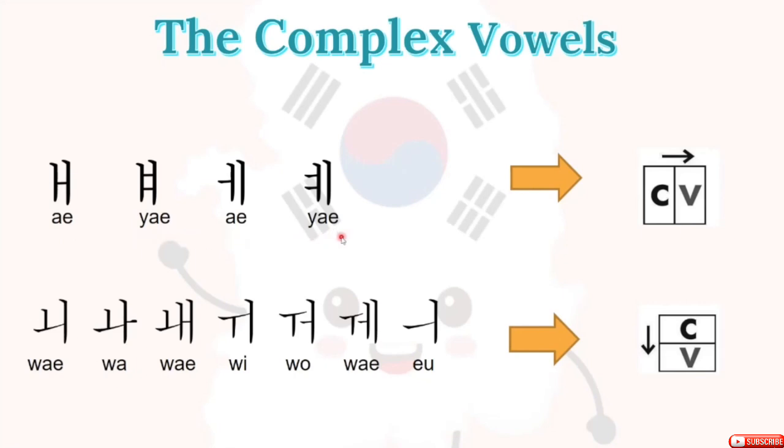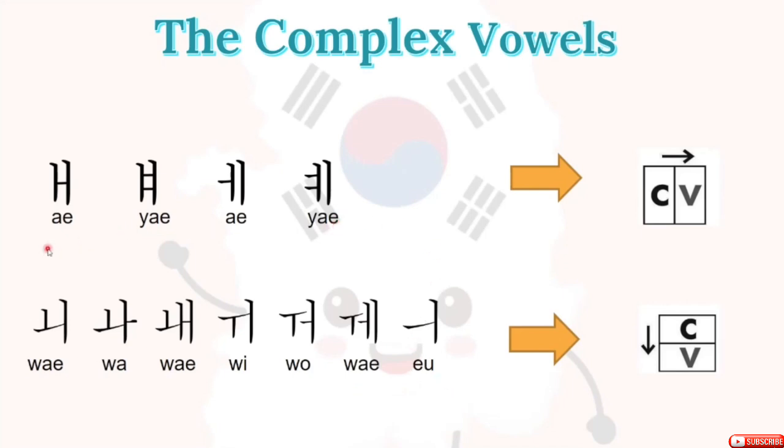Following this, I will let you know in more detail how they are pronounced. And the next one is we, wa, we, wo, we, 의. Okay?